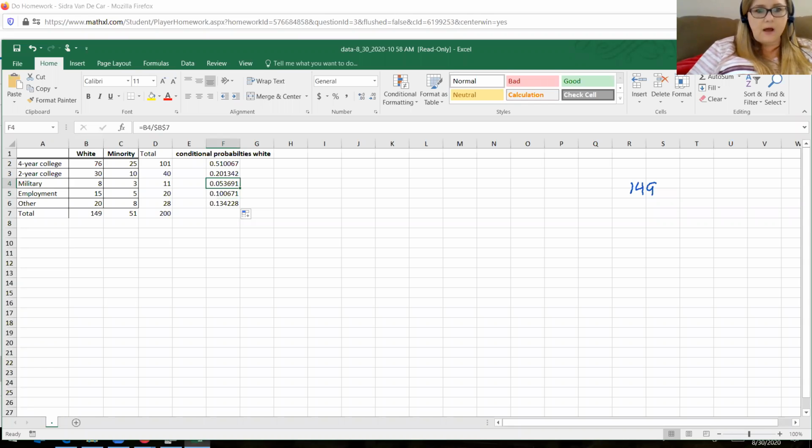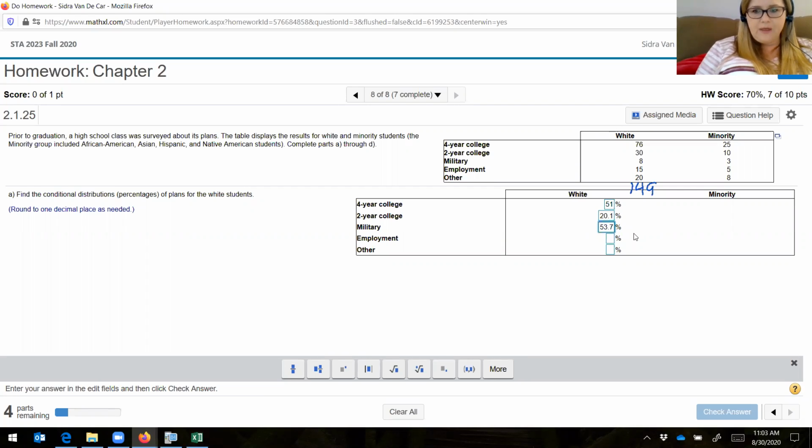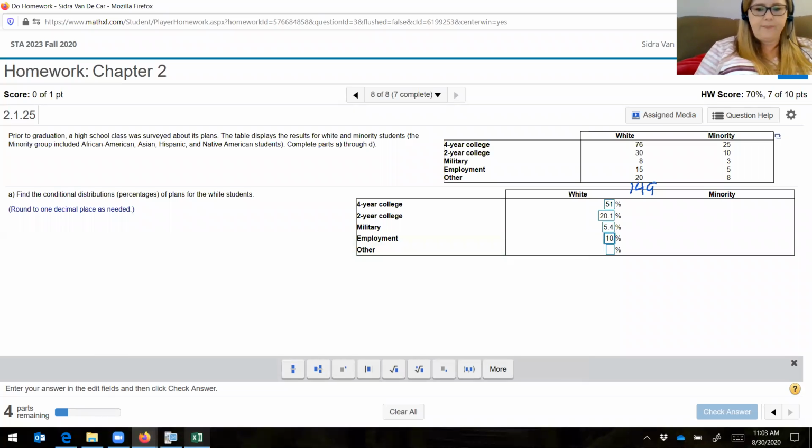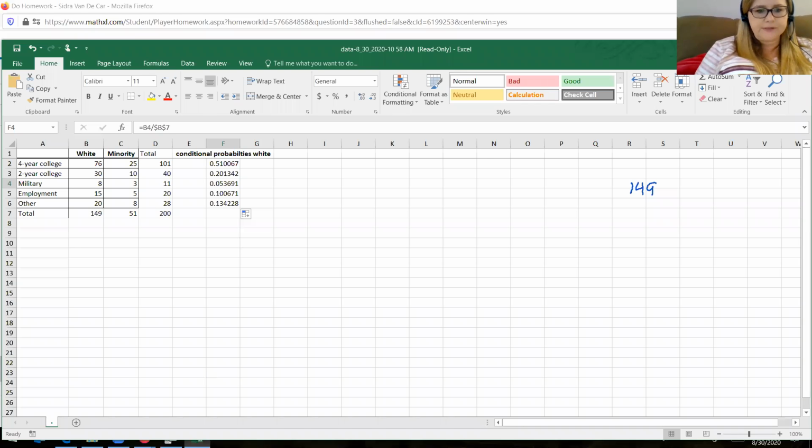Oh, I'm sorry, that's not. Notice that's 0.05. Whoops. So that should be 5.4%, because when I multiply by 100, it goes to 5.4. Sorry, my eyes skipped on me there. So let's change that, 5.4. And then employment is right here. So that's 10.1% when I multiply by 100. And then other is right here, so 13.4%.